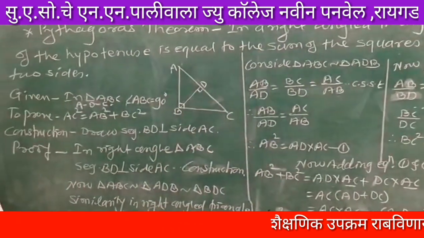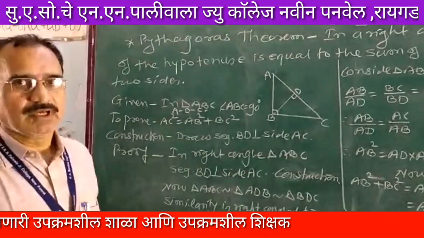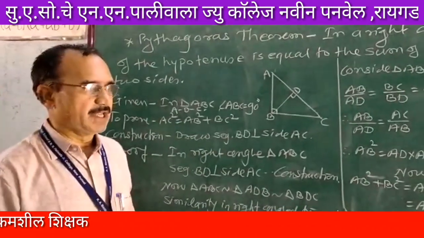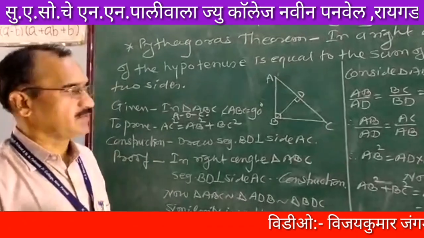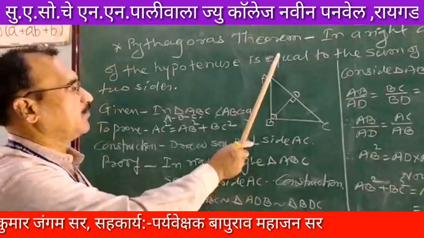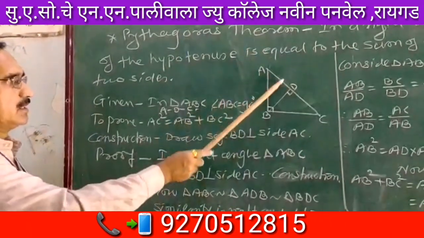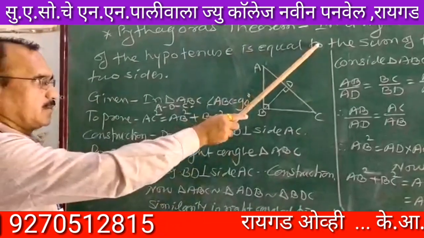In starting of this lesson, we know the Pythagoras theorem. You are telling me already the square of the largest side is the sum of the squares of the remaining two sides. That is the statement of Pythagoras theorem. If we prove this theorem, the statement is already in your question paper.